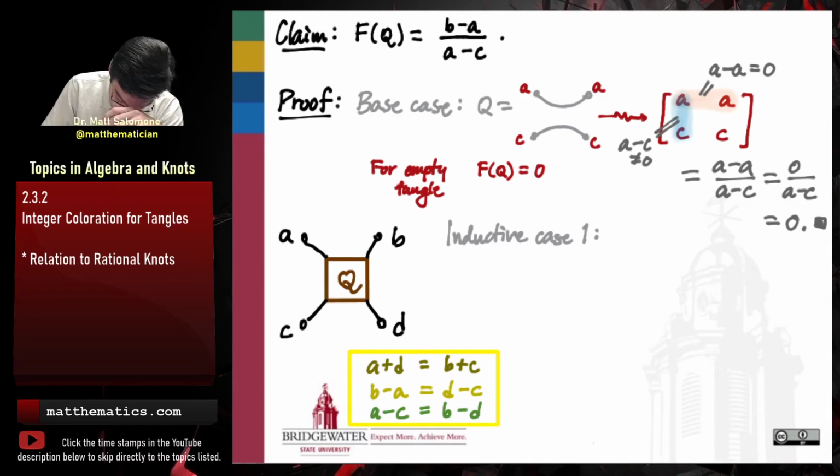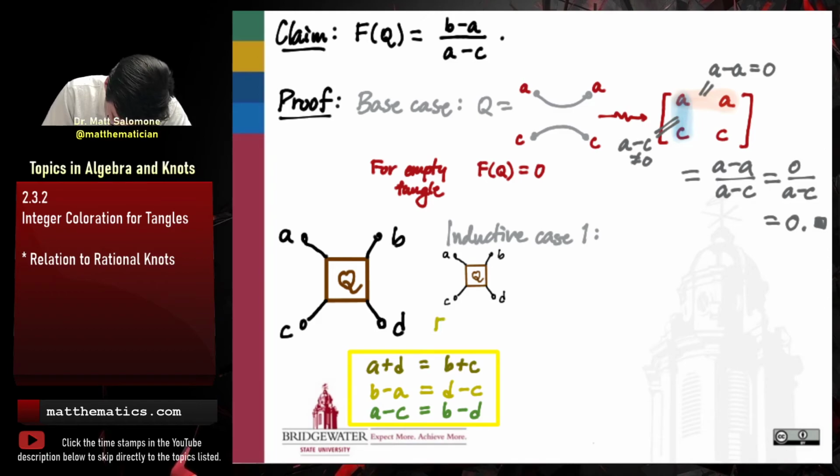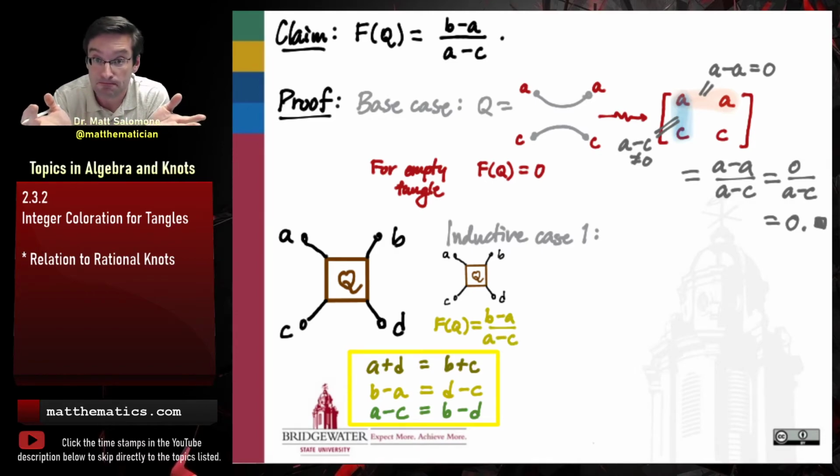My first inductive case is the case in which we assume that our recipe is correct, and we want to check that it remains correct after we add a twist. So let's check real quickly what happens if I take a tangle which has coloration matrix A, B, C, D. My inductive hypothesis here is that this difference, B minus A over A minus C, is indeed the correct way to find the fraction of this tangle.